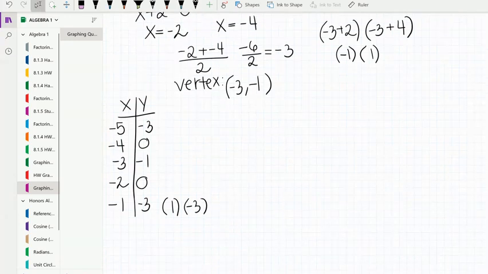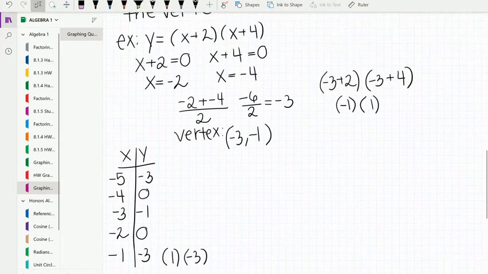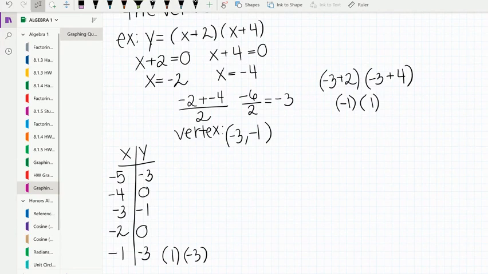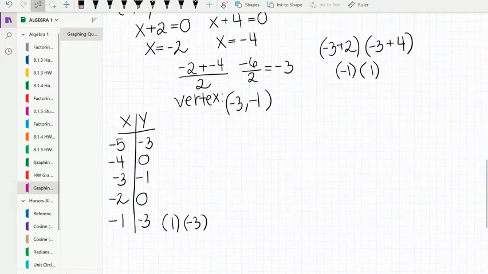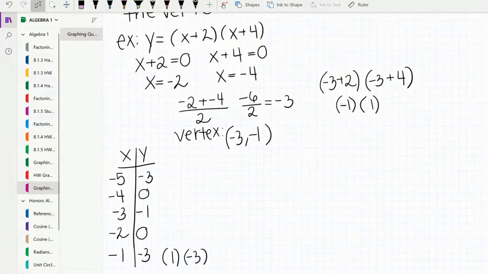Okay, so then we go ahead and plot this. Actually, this should be positive. My apologies. -1 plus 2 is 1, and -1 plus 4 is 3. So these should both be positive.